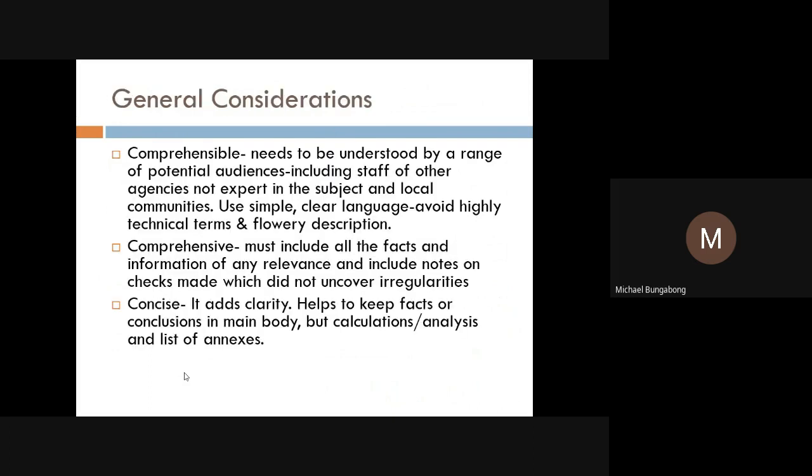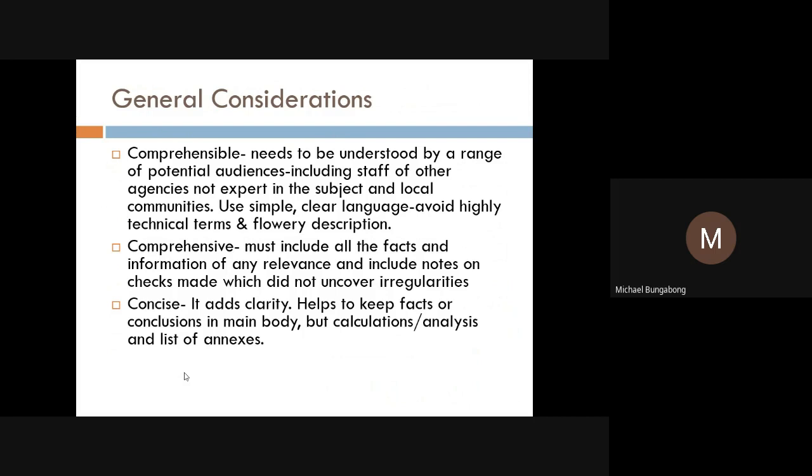Okay. And of course, general considerations. We have the 3 C's that we have to consider. First, comprehensible. What does comprehensible mean? It needs to be understood by a range of potential audiences, including staff of other agencies not totally expert in the subject, and the local communities that you are writing about.